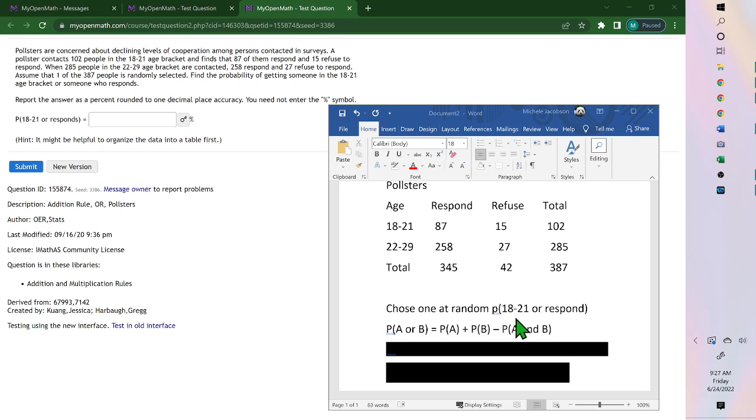Because if I took the probability 18 to 21, that would be going across here. But then I want the ones that responded, which goes down. Notice that I'm adding that 87 twice, because going across it's in the 102, going down it's here. And so you have to subtract that overlap.